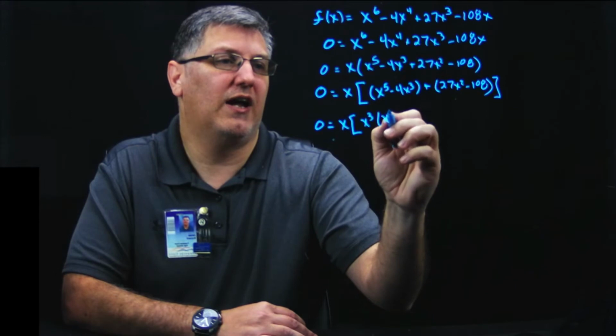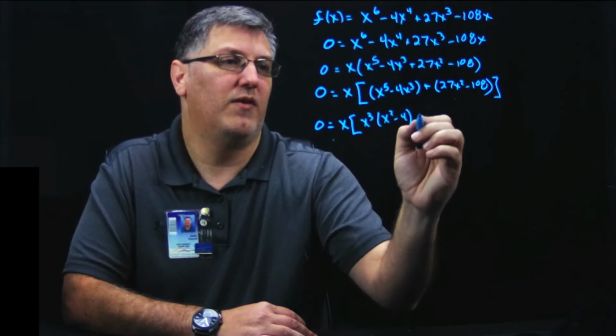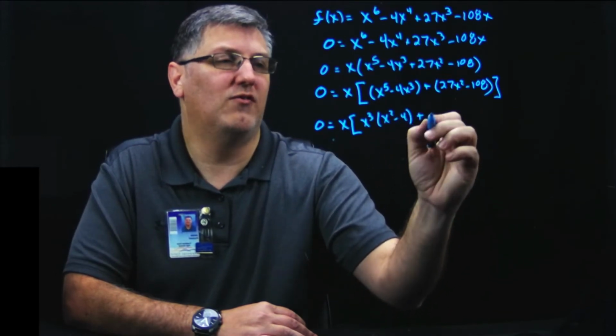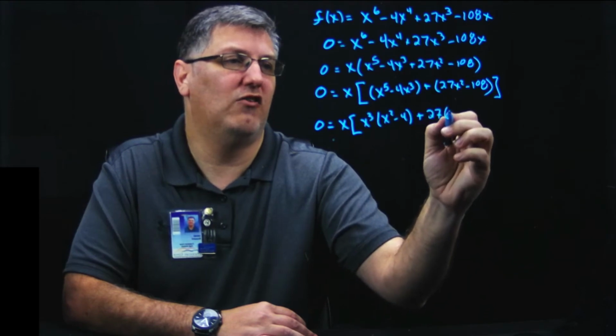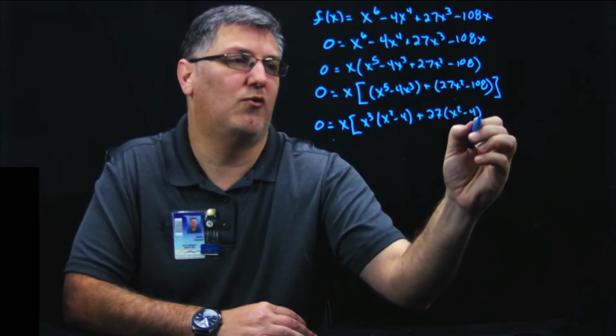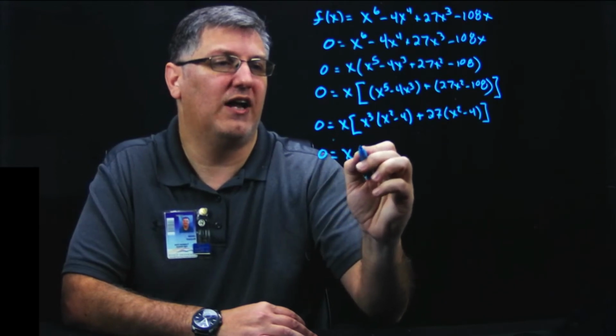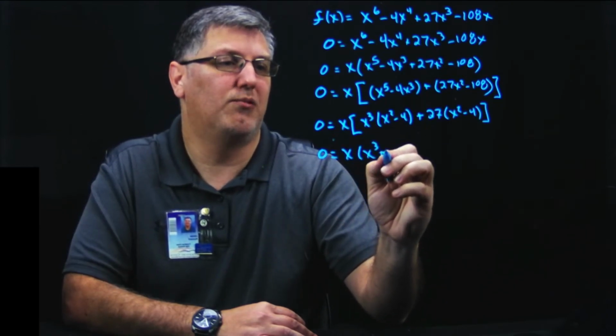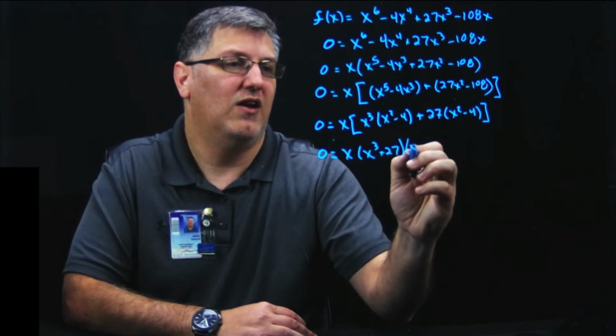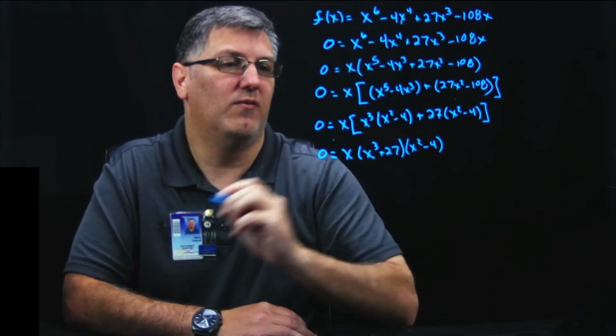That leaves me x squared minus 4 plus, well, 27 is the greatest common factor there, and that leaves me x squared minus 4. So to finish this factoring out, I've got x times x cubed plus 27 and x squared minus 4.